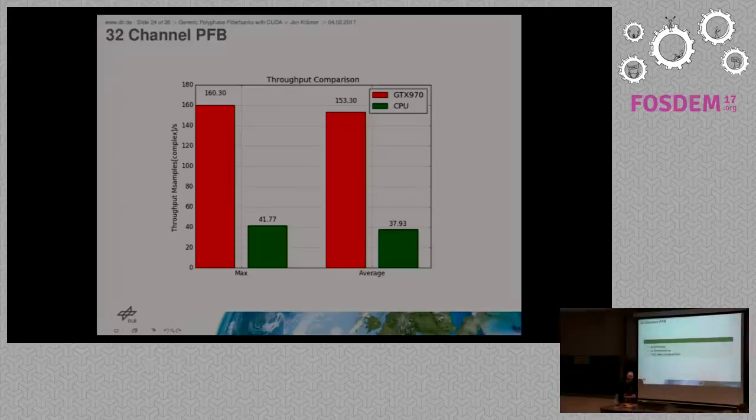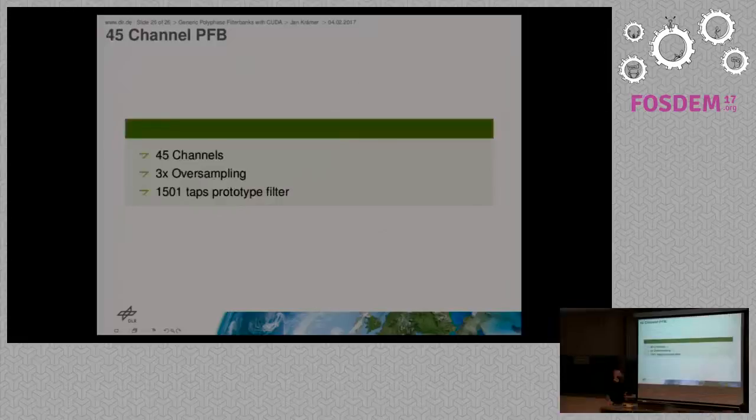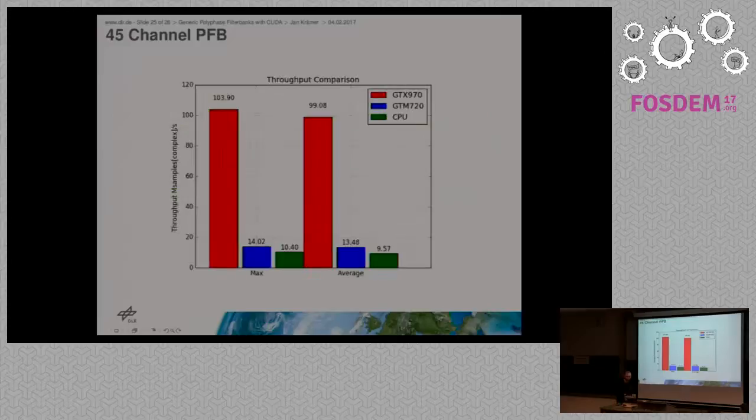This is the actual filter that we use in the projects for the 45 channel case. So we have 3 times oversampling, 45 channels, 1501 taps. So we see this time we actually have 3 GPUs. There is also the GT720M, which is a really low-level laptop GPU with just 1 streaming multiprocessor.